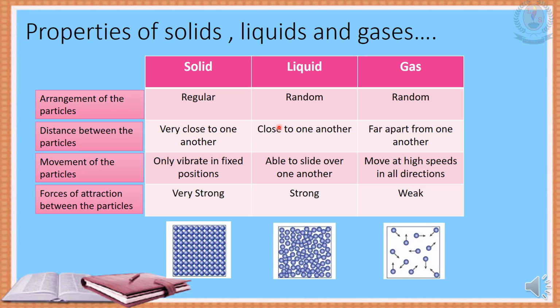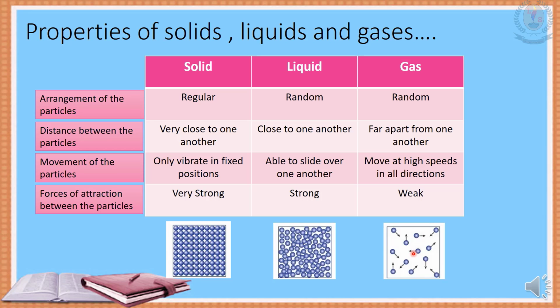When we are talking about the liquid, it is not like the solid. You can see the liquid particles are here and there. It's not regular, it's random. And also you can see very little space in between the particles. So what about the gas? That's a little bit different from the liquid.